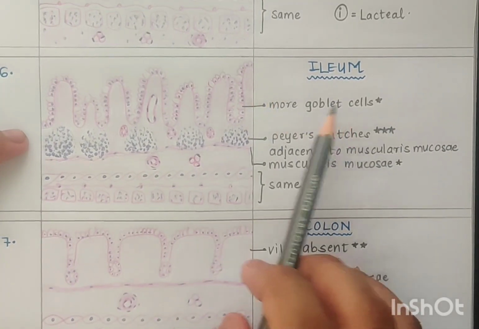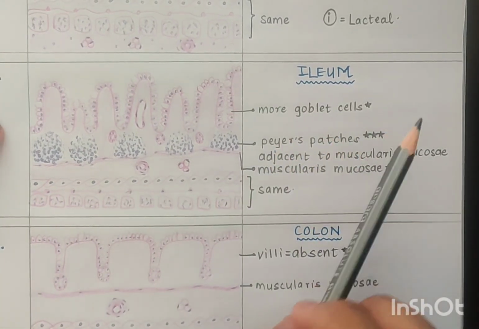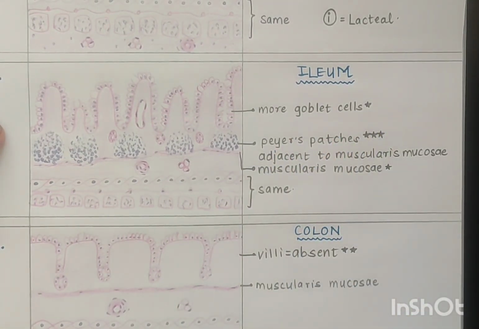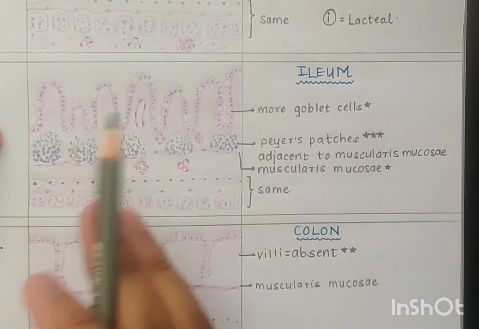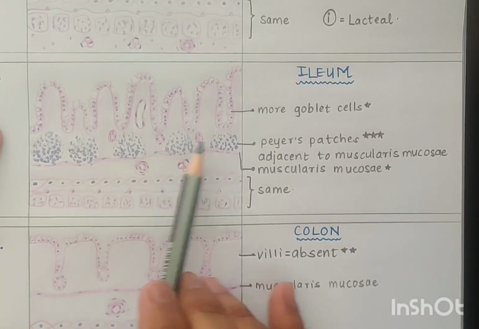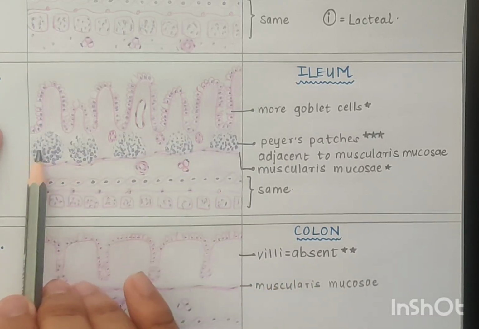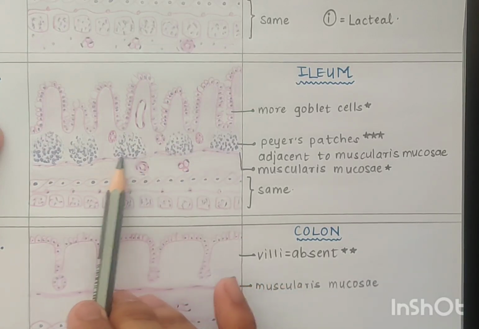Now the ileum will have more goblet cells. This is one of the features that we need to remember, because a question may be asked about the maximum number of goblet cells, or the increasing order of goblet cells. The second important differentiating feature will be the presence of these lymph nodes arranged at intervals, present just adjacent to the muscularis mucosae.